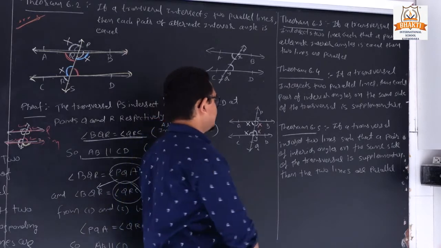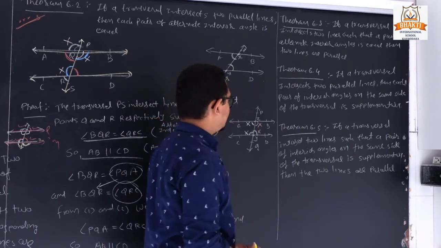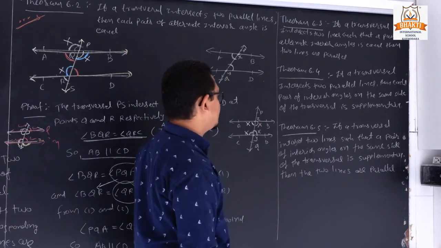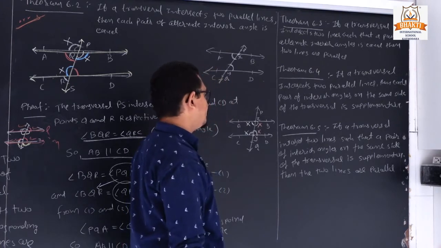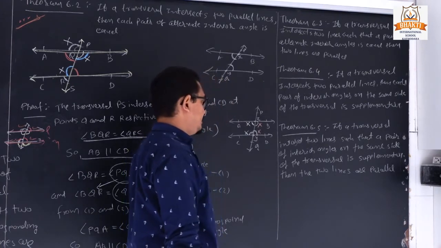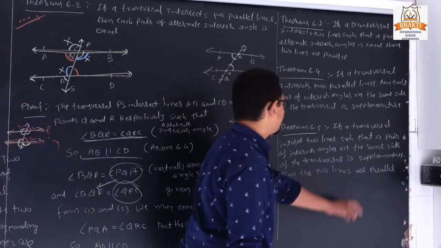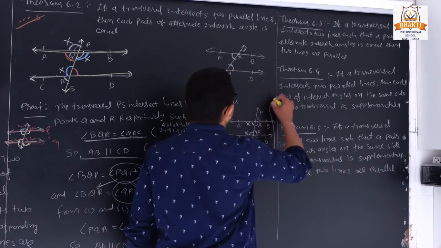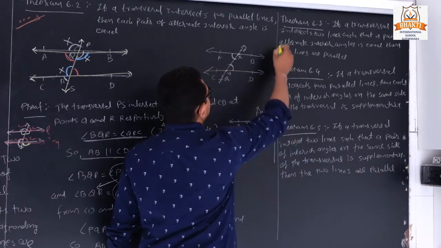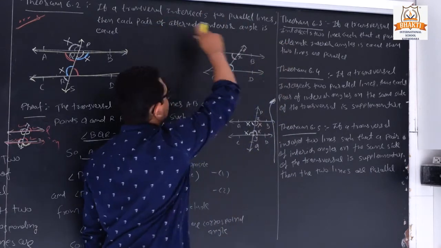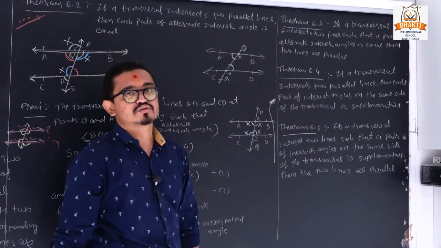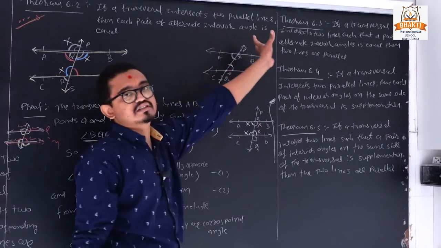Now next, theorem 6.5. If a transversal intersects two lines such that the pair of interior angles on the same side of the transversal is supplementary, then the two lines are parallel to each other. So it is the reverse statement of 6.4, and the reverse statement of theorem 6.2.